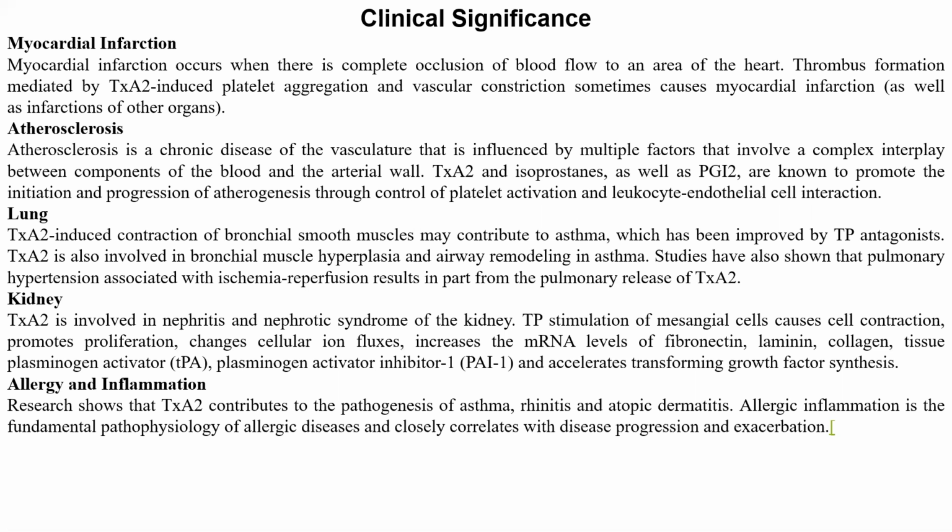TP stimulation of the mesangial cell causes cell contraction, promotes proliferation, changes cellular ion fluxes, increases the mRNA level of fibronectin, laminin, collagen, tissue plasminogen activator (tPA), and plasminogen activator inhibitor 1 (PAI-1), and accelerates transforming growth factor synthesis.